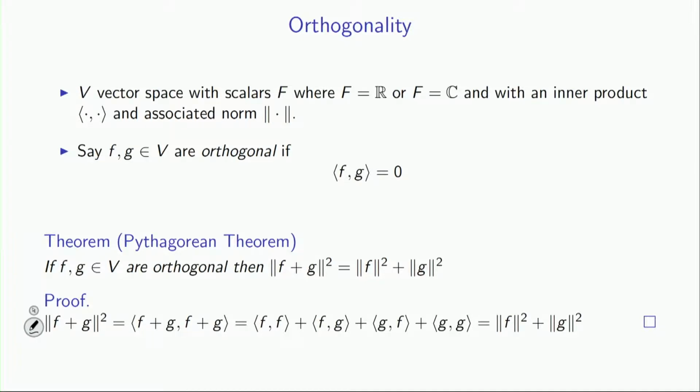And the proof uses the properties and definitions of norms and inner products. The best way to prove it is to start with the sum squared. We can expand that as an inner product, distribute all the terms, and then because the two vectors are orthogonal, the mixed inner products disappear, and you're just left with the sum of the norms, each squared.